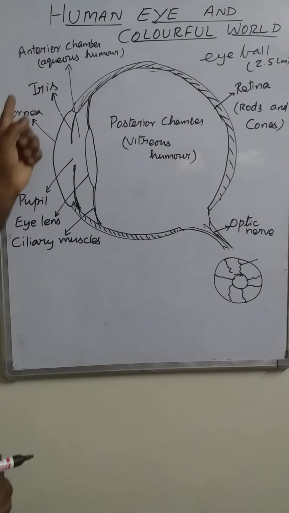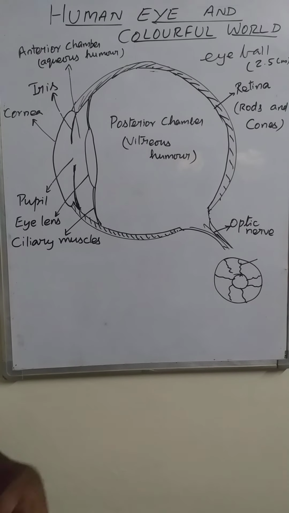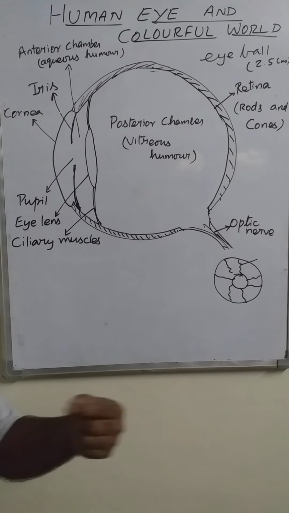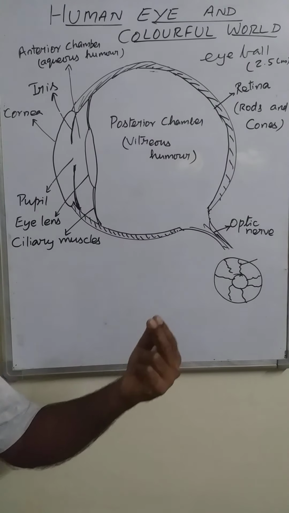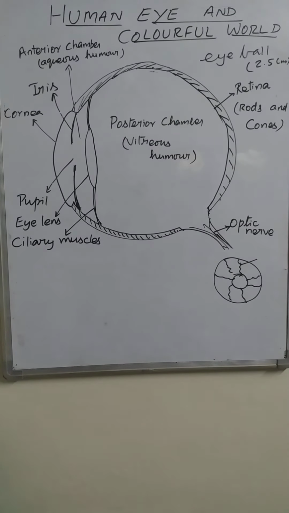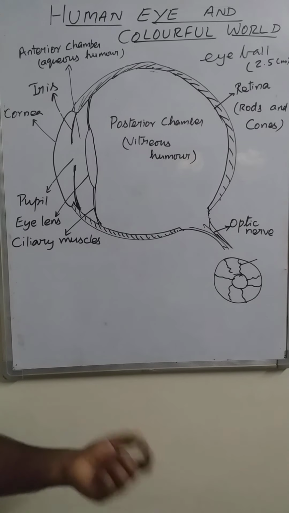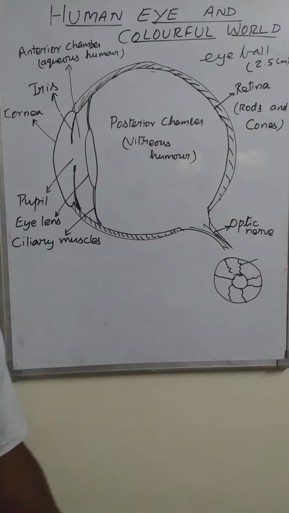So we can say the iris gives the color of the eye of an individual. Mostly for Europeans, the color of the iris is different, so their eye is different in color. Some persons may have blue, some have yellow.